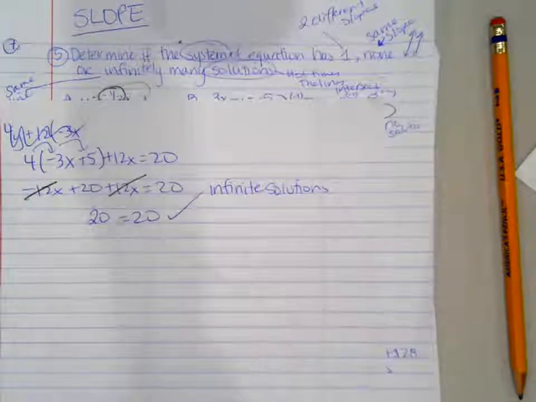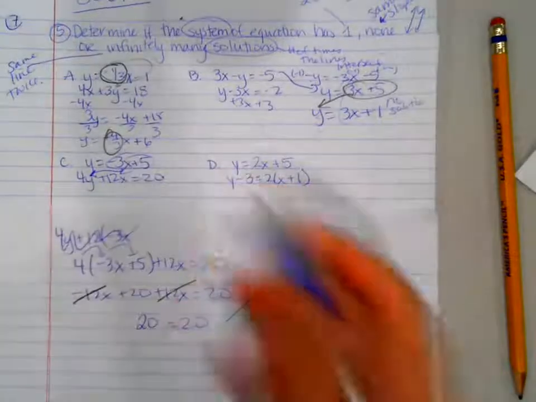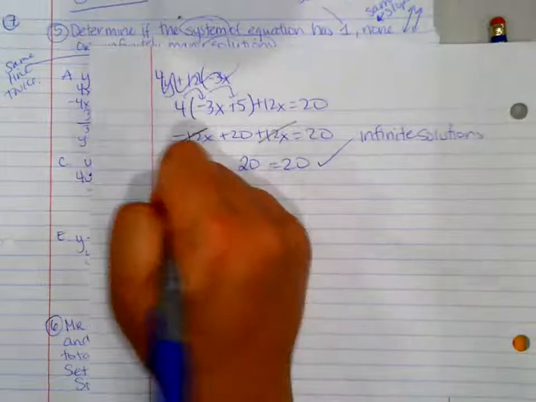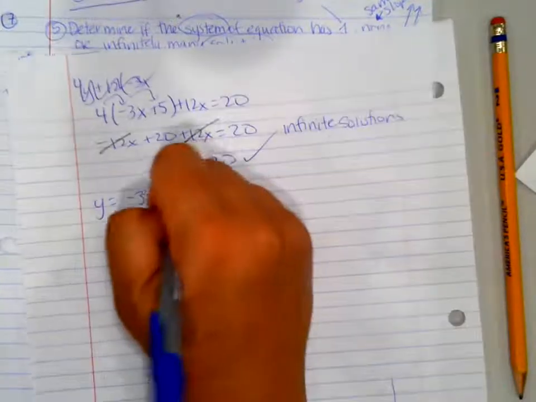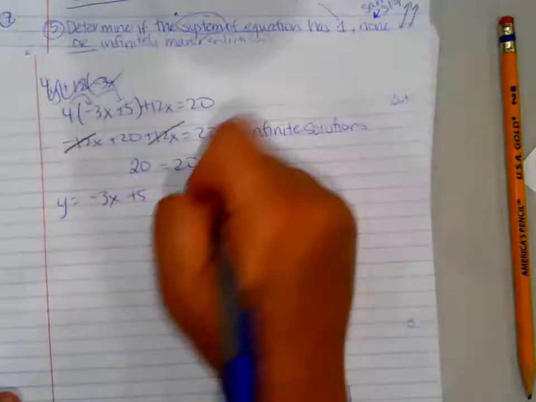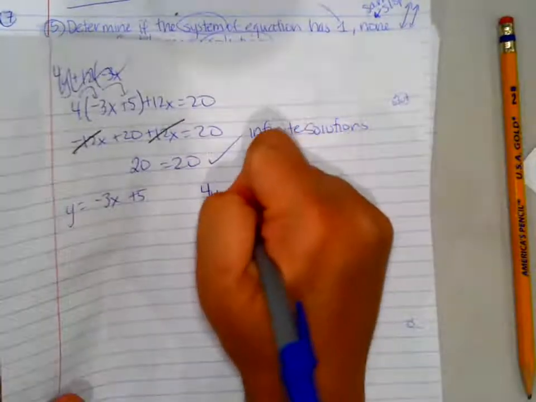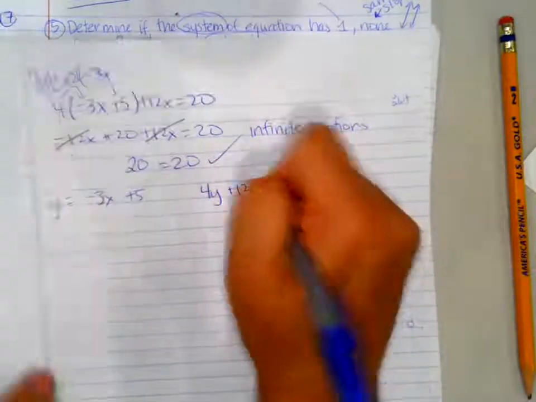Okay? And you would have seen it if you had it this way. We can look at this guy right here. I'm going to do it again for you. We have y equals negative 3x plus 5. That one's already done. And then I have 4y plus 12x equals 20.